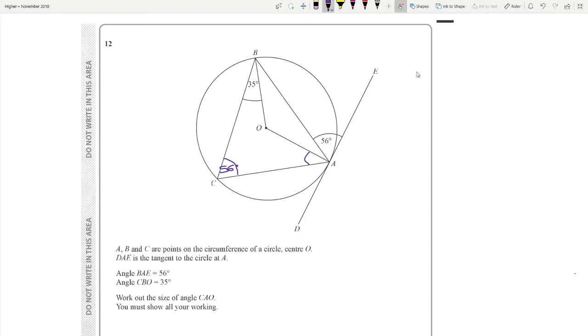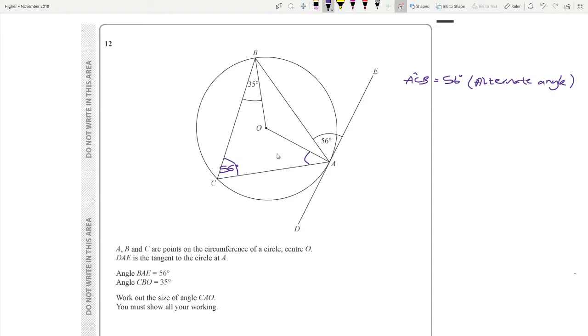But for the time being, let's write down the first thing. I'll show my working here. So we know that angle ACB is 56 degrees. We're going to give a reason for our answer as well: because of the alternate segment theorem.